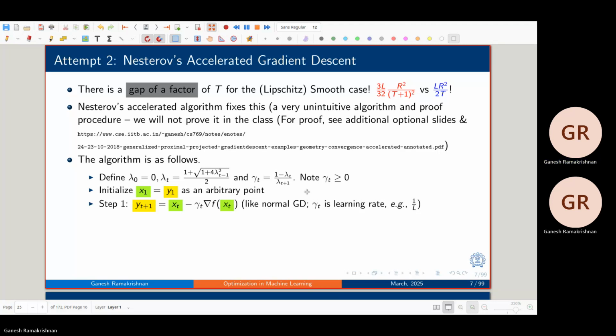Wait a second. Did I make a mistake here on the expression? Wait a second. It's 1 plus lambda t. I think this is correct. Sorry, this is 1 plus. So take that to be 1 plus lambda t divided by lambda t plus 1. So what will this be?